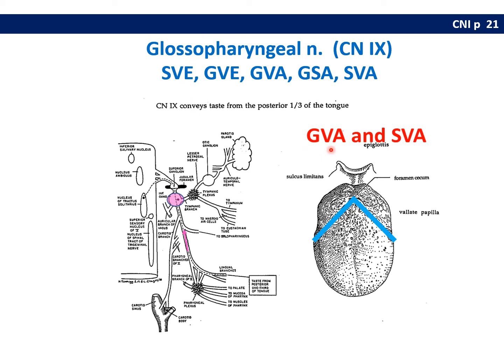Glossopharyngeal has GVA and SVA fibers, so sensory and taste to the posterior 1/3 of the tongue, epiglottis, and posterior part of the palate. All of that is the result of these GVA, SVA fibers, whose cell bodies are located in this inferior ganglia, inferior to the jugular foramen, but are part of the glossopharyngeal nerve.